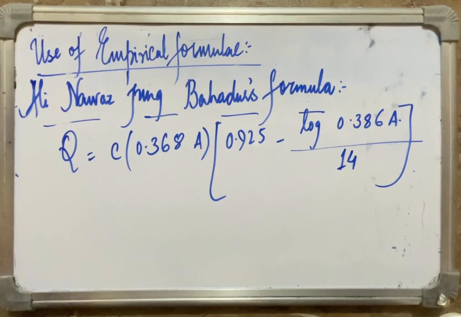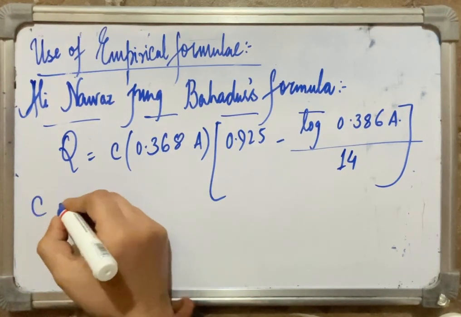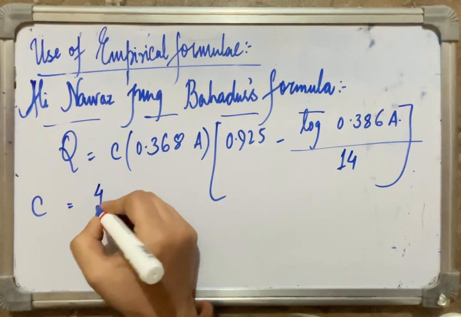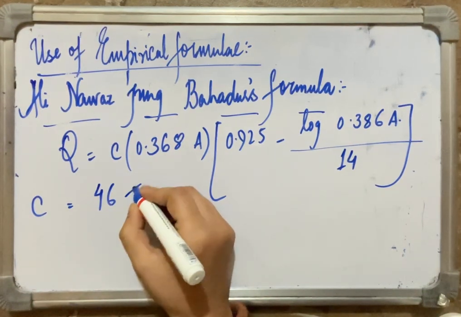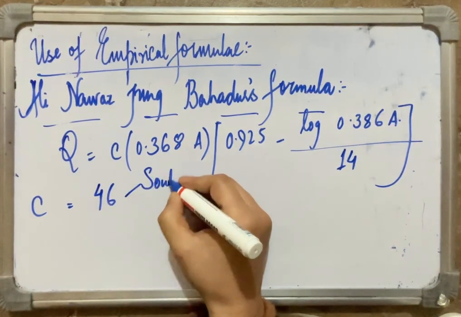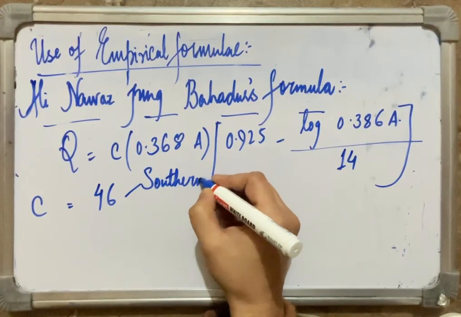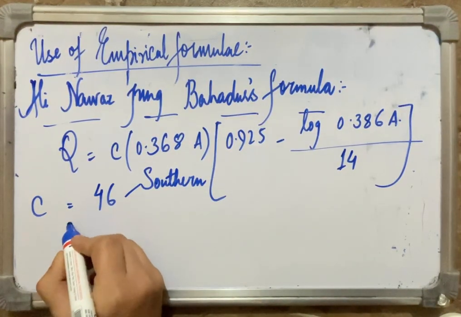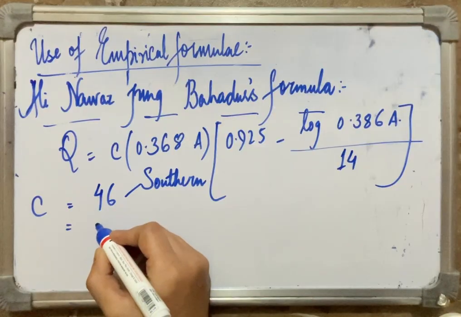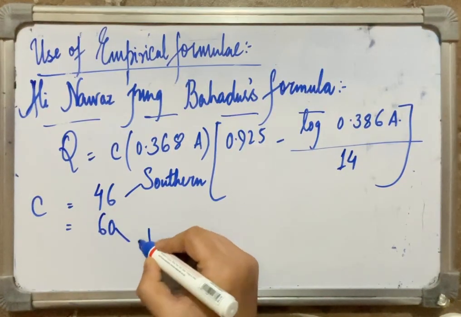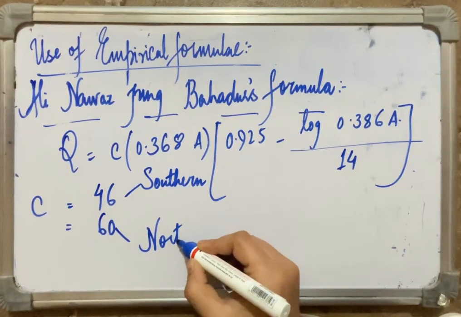And the value of C is 49 for regions in southern India, and it is 60 for regions in northern India.